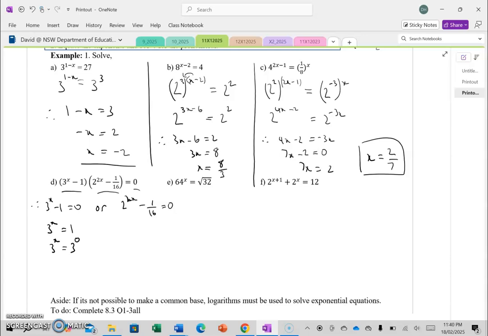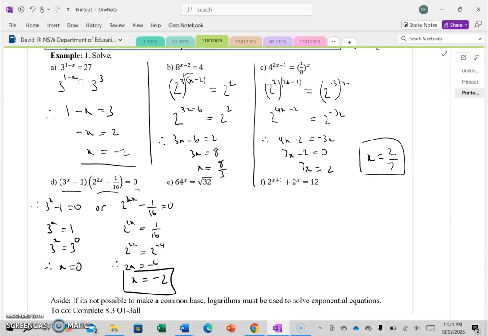Well, it must be 0. Any number to the power of 0 is 1. So therefore, this has a solution of x equals 0. This one, 2 to the 2x equals 1 on 16. 16 is 2 to the power of 4. Bring it up the top, it becomes 2 to the negative power of 4. So therefore, 2x equals -4, x equals -2. So we've got 2 potential solutions there.